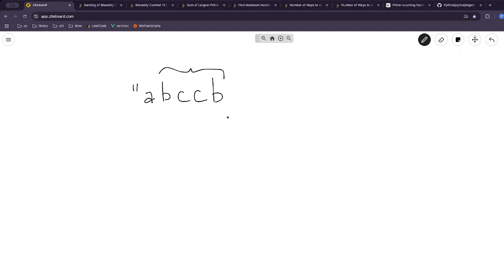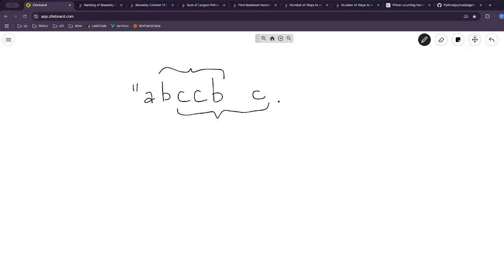And you can say that this is optimal because if you didn't do this greedy choice, let's say you make this choice, right?